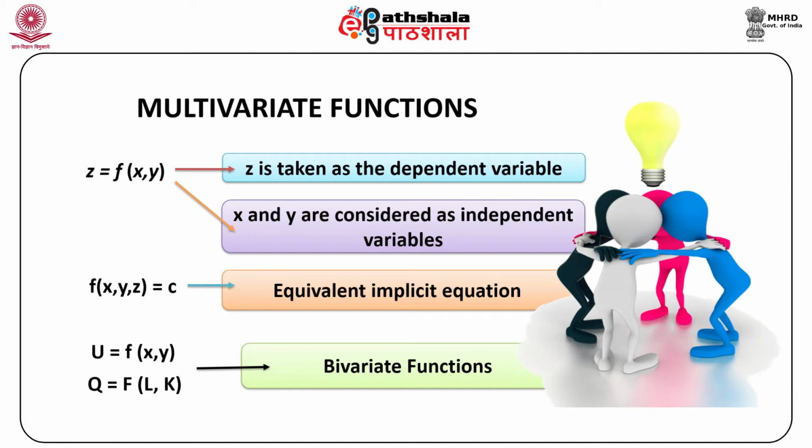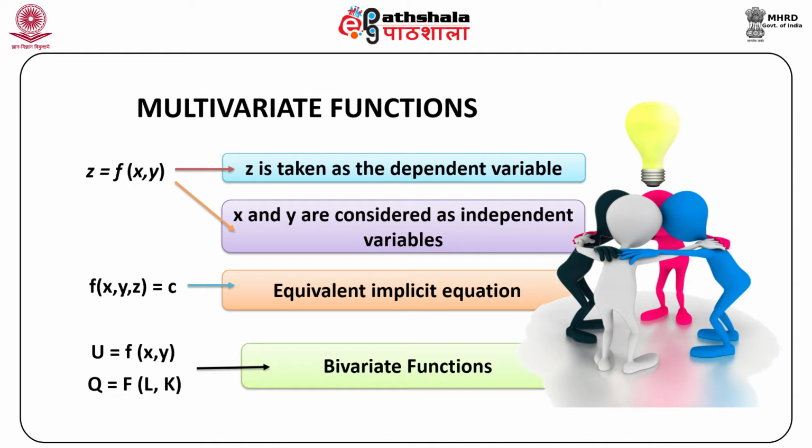In microeconomics, production and utility functions are typically bivariate functions. Utility derived by a consumer depends on quantities of two goods consumed, say x and y, and production, that is the amount produced by a production unit, typically depends on the factors of production, labor and capital.